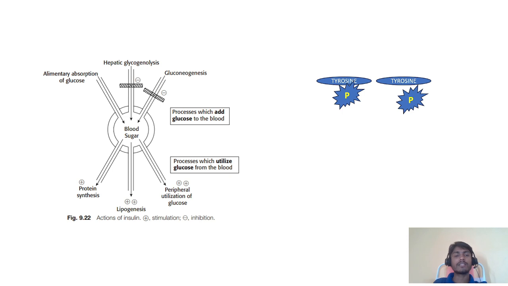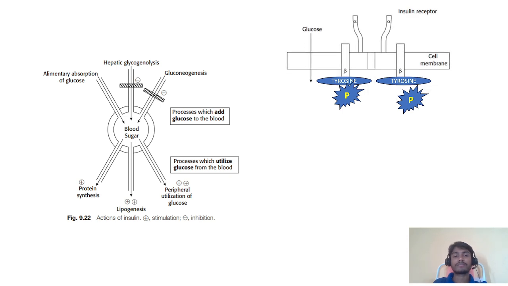Next is the mechanism of action of insulin. Insulin inhibits gluconeogenesis. We have already discussed the definition. It also inhibits hepatic glycogenolysis, but it does not act on intestinal absorption of glucose.